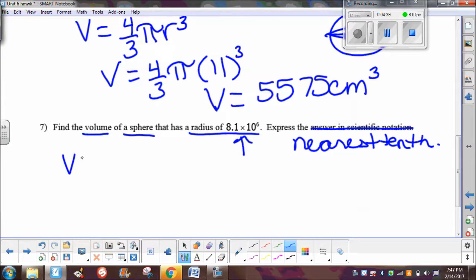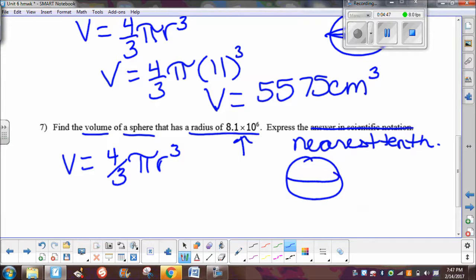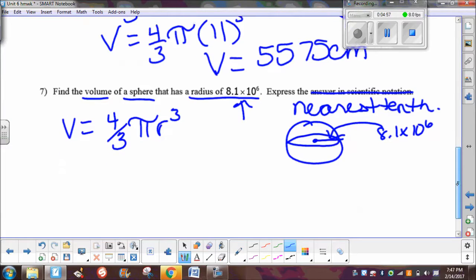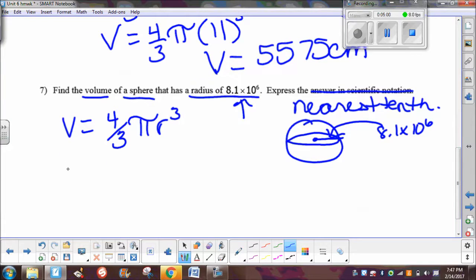Okay. So volume, 4/3 pi r cubed. We've got the sphere, and they're giving us the radius, which is 8.1 times 10 to the 6th. So that's just a really big number, but you're going to enter it into your calculator just exactly the way you see it. So it's not going to be too bad.